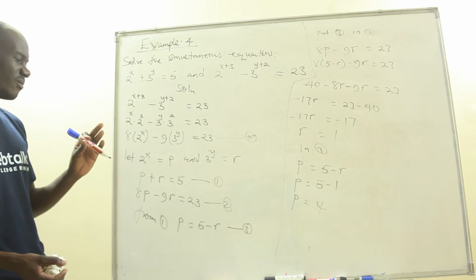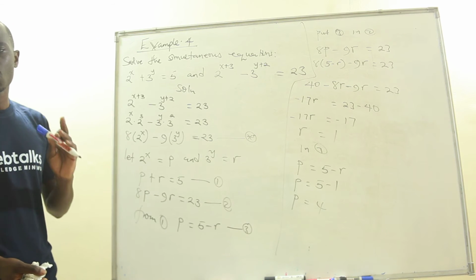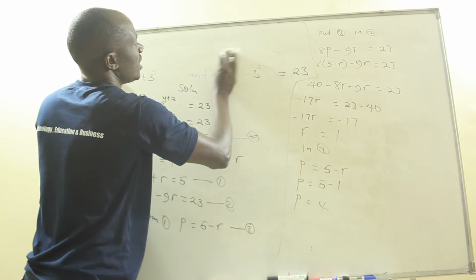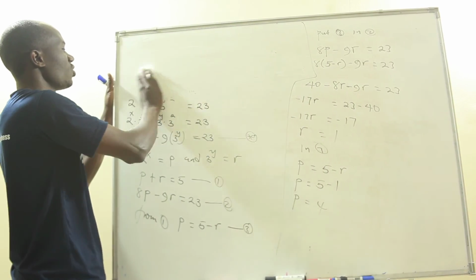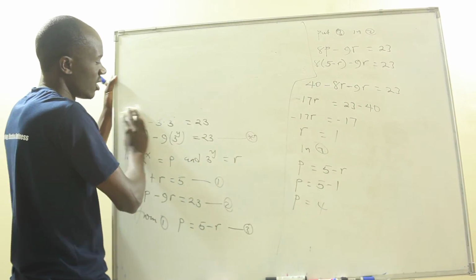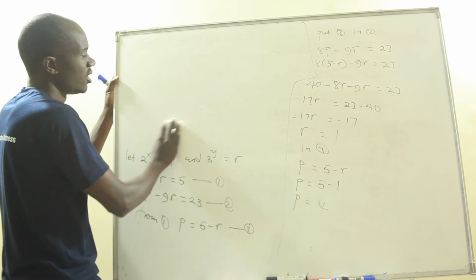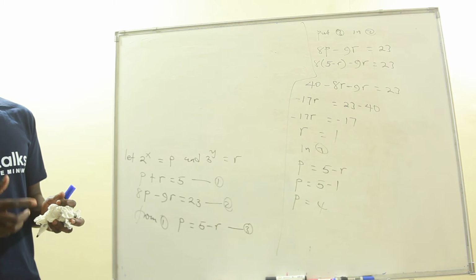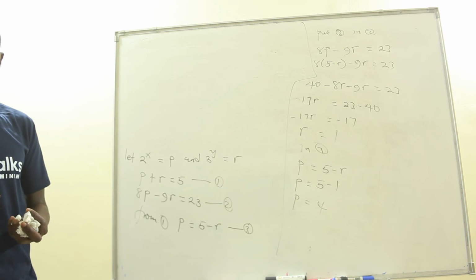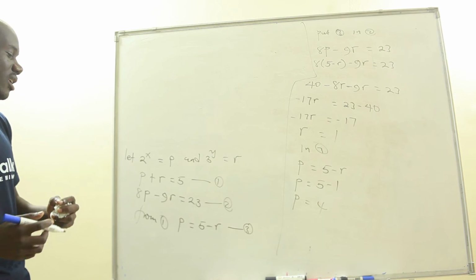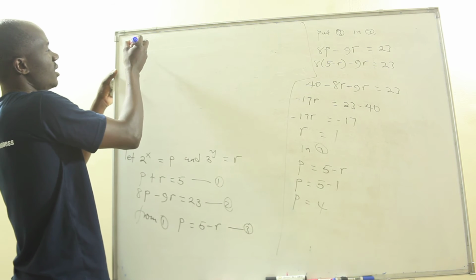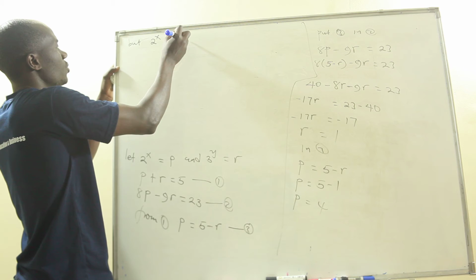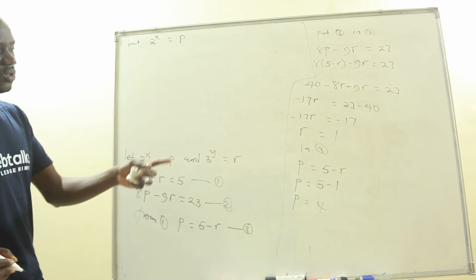After getting those, we have already got the values of p and r. But we said our p was equal to 2 power x. The question was saying solve the simultaneous equations, and those equations were given in terms of x and y. That means they want us to get the values of x and y. We said 2 power x was equal to p, and my p is already 4.